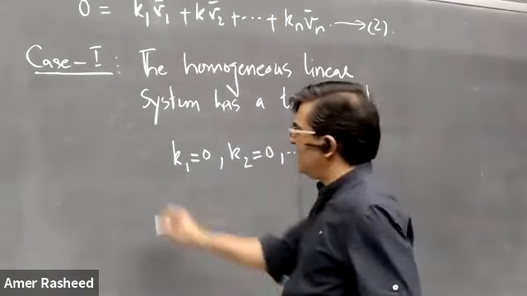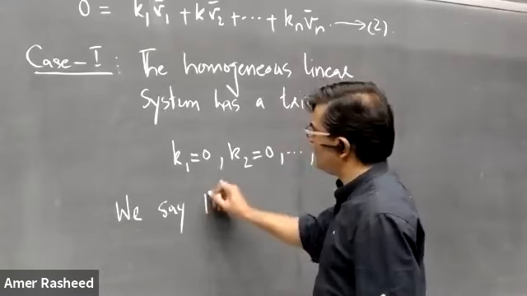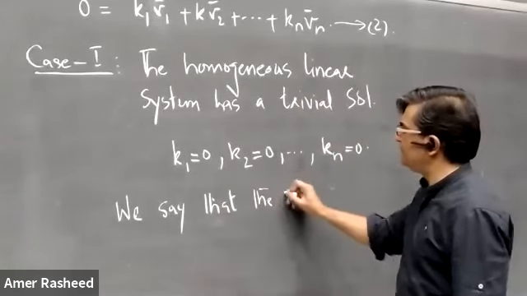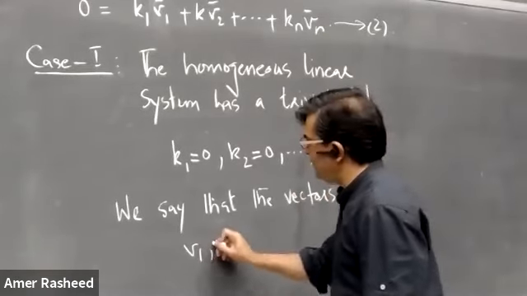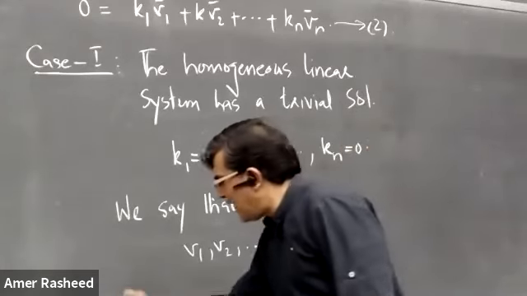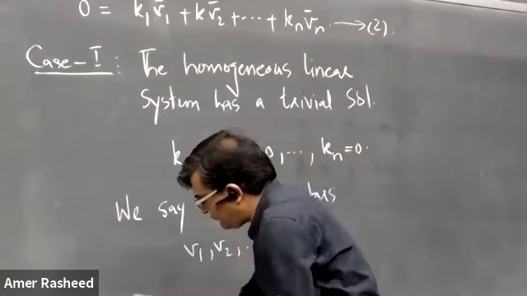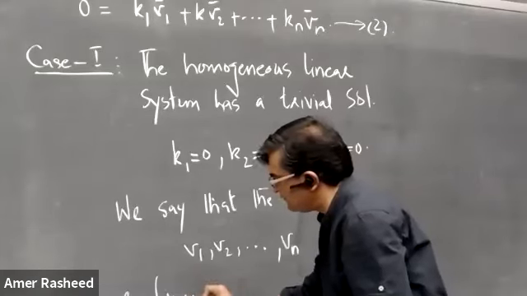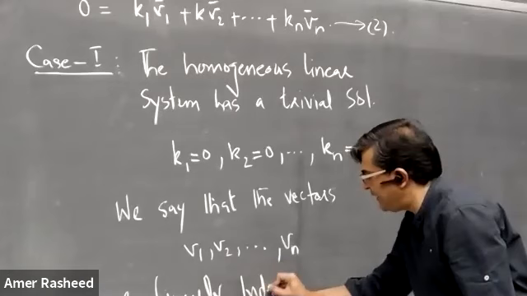In this case, we say that the vectors v1, v2, so on, vn are linearly independent.